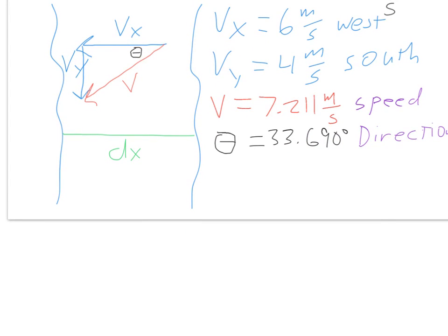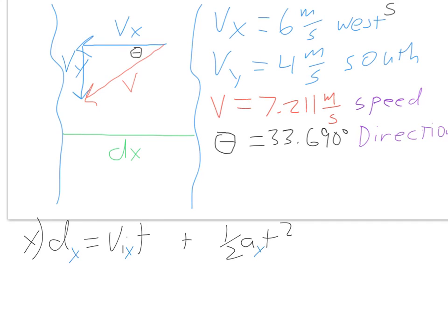The displacement equation just says d equals v_i t plus 1/2 a t squared. Now, we're looking in the horizontal direction, so any quantity that's a vector here, we're going to put a little x with it. So this is dx equals v_ix t plus 1/2 a_x times t squared.